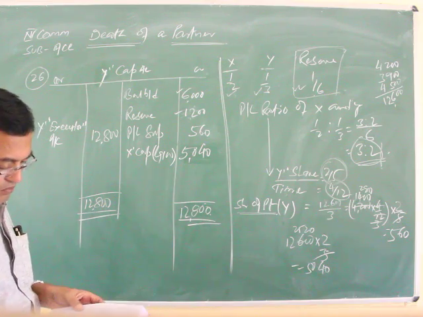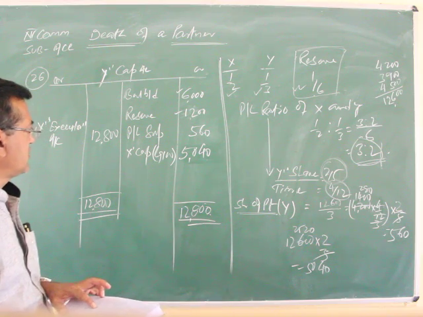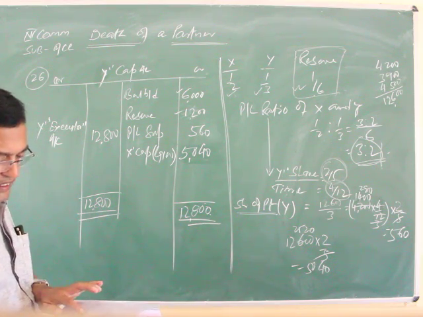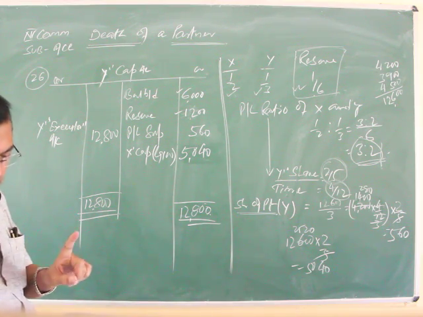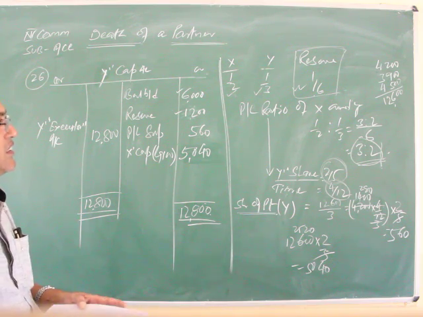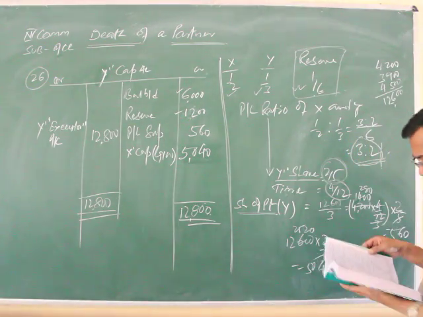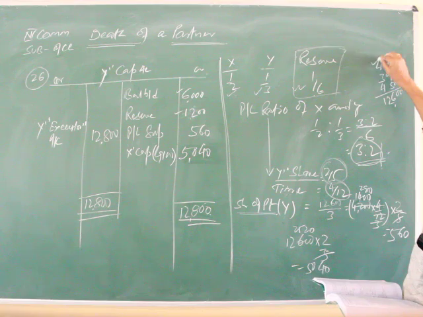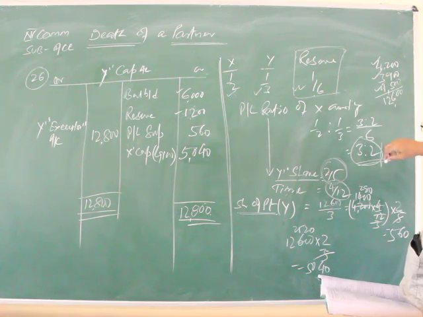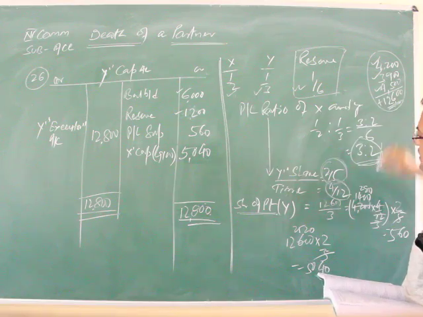Now write down the main two things. His proportion of profit till the date of death based upon the average profit of the last 3 completed years. The last 3 completed years' profits are given there: 4,200, 3,900 and 4,500. So the total profit of the 3 years will come 12,600.